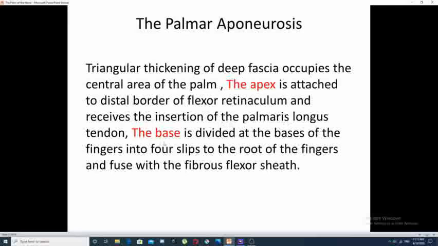It has a base, which is divided at the bases of the fingers into 4 slips, 4 divisions to the roots of the fingers, and they will fuse with the fibrous flexor sheath of the fingers.